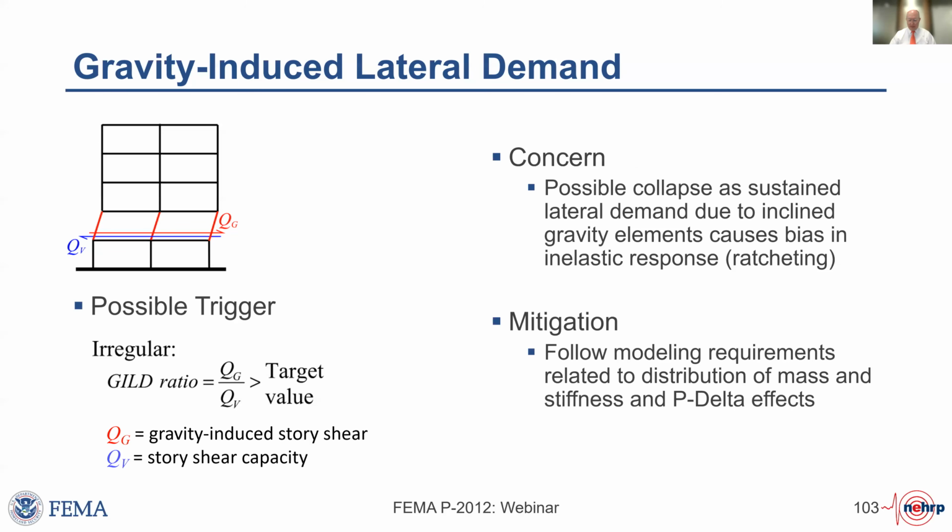So first, on the practical side, how do you know if you have this? Well, I work with architects a lot, and many of my architects, whether for programming reasons or for architectural expression, might like a sloping column, or a step in the location of a column from one level to another. As a result, the gravity loads have an inclination in plan, and that means there is a shear that results in the building.